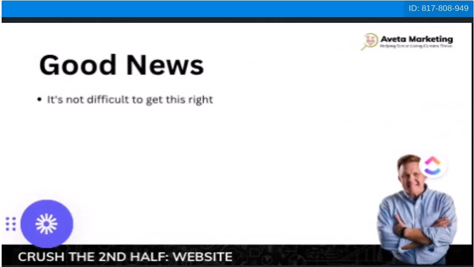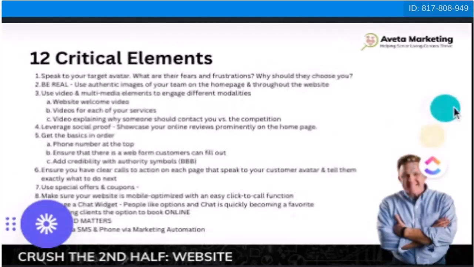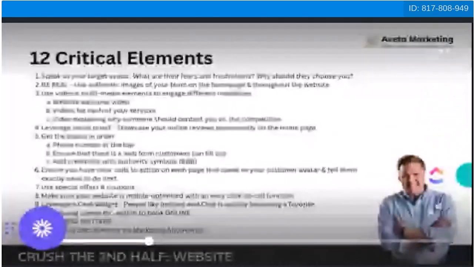And at the end, I will show you some practical ways you can actually get this done. So we'll get into that too. Okay, so what you're looking at here are what I call the 12 critical elements to getting this right.